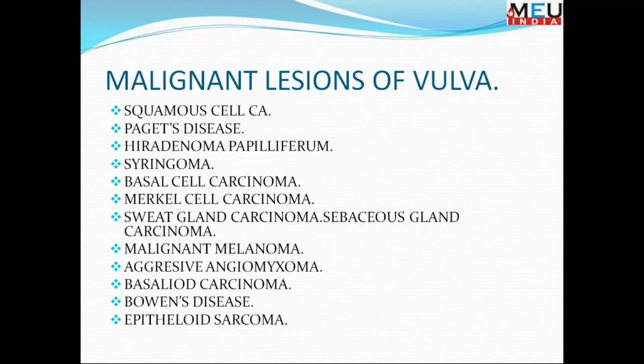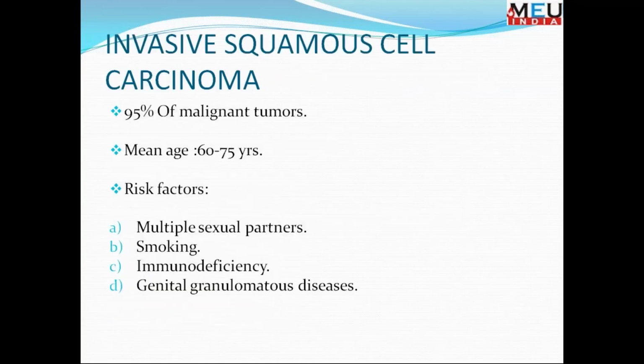Among the malignant lesions of the vulva, the most common is squamous cell carcinoma, comprising more than 80% of cases, followed by Paget's disease, hidradenoma papilliferum, syringoma, basal cell carcinoma, Merkel cell carcinoma, sweat gland carcinoma, sebaceous gland carcinomas, malignant melanomas, and aggressive angiomyxomas, along with Bowenoid disease and epithelioid sarcomas.